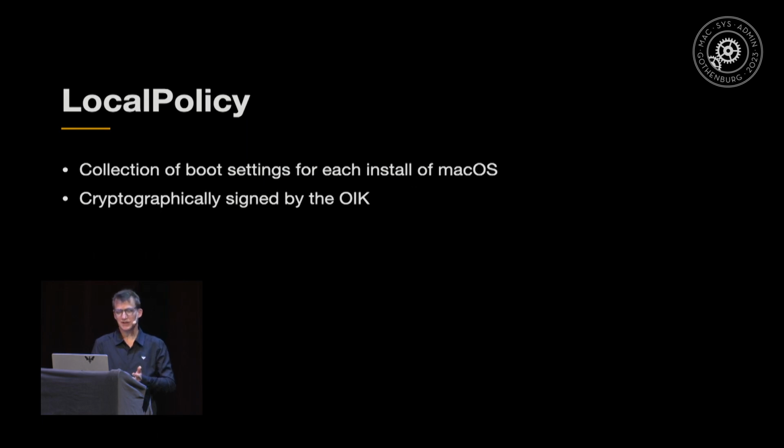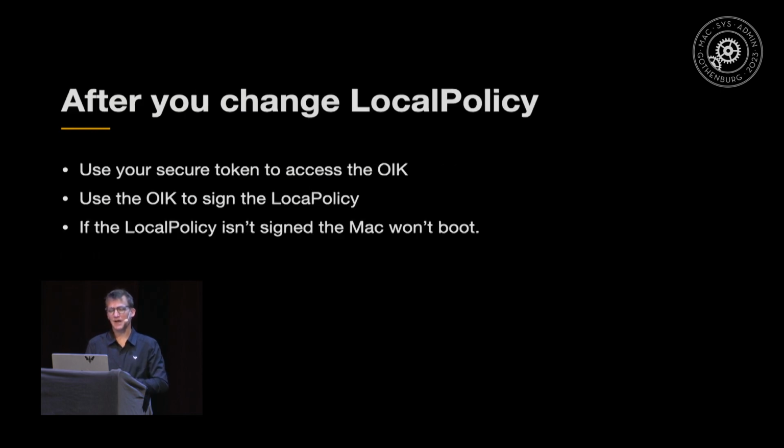Local policy is a collection of boot settings for each install of macOS, and it's cryptographically signed by the OIK, which we've seen before. After you change the local policy, you use your secure token to access the OIK. Use the OIK to sign the local policy, and if the local policy isn't signed, the Mac won't boot, as Tom demonstrated.